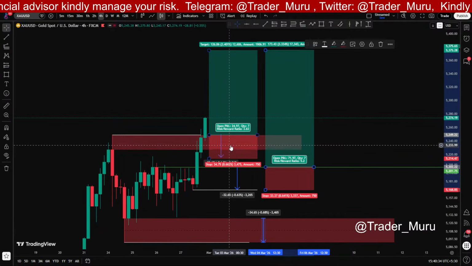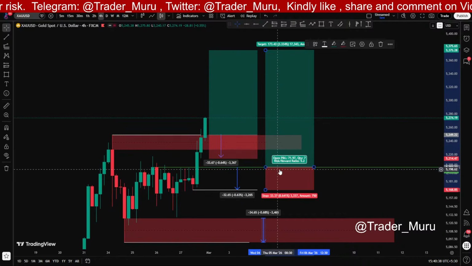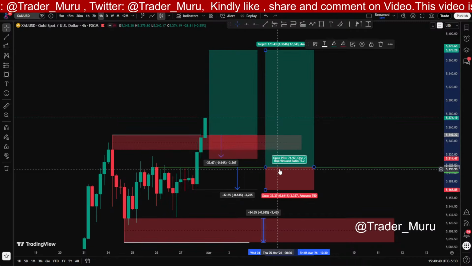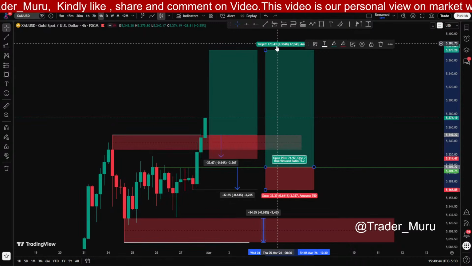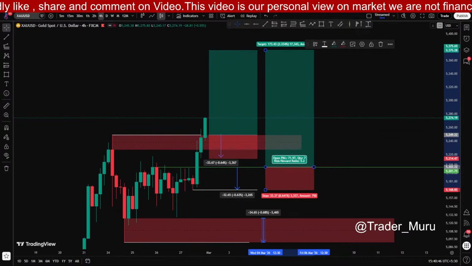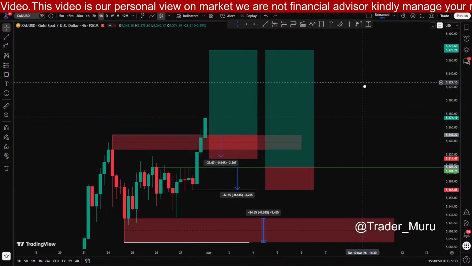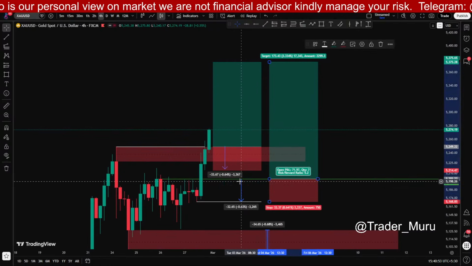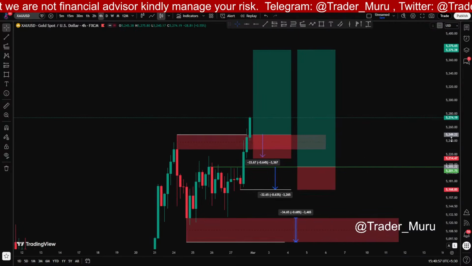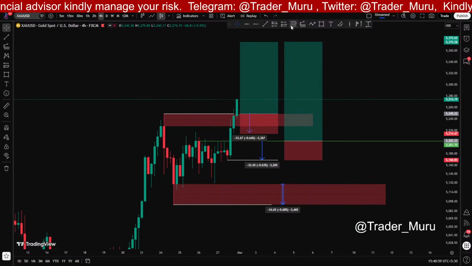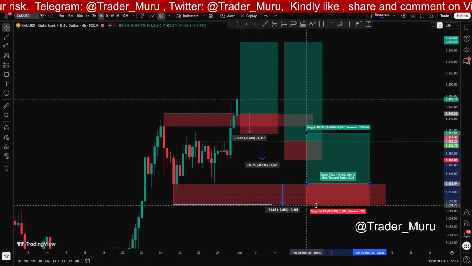So imagine this SL gets hit and this entry gets triggered. Then what will happen here? You will still have a profitable week if this target hits. And most probably this is the possible target for all the price action which is happening right now in the 4-hour time frame. If this fails, this is the max possibility zone. Same thing.